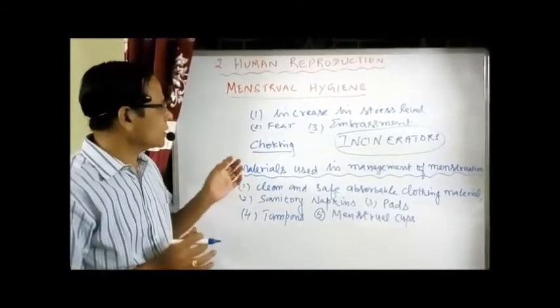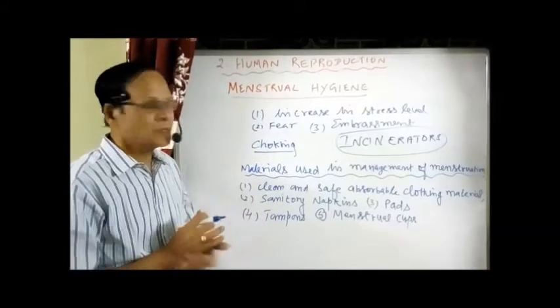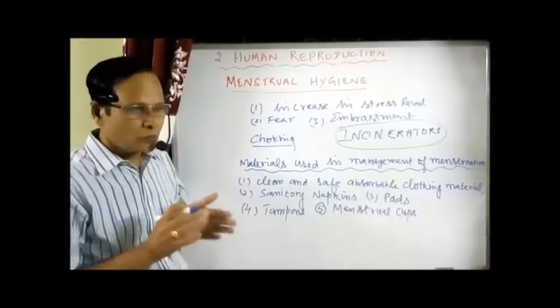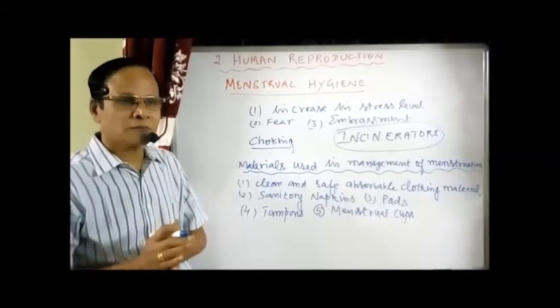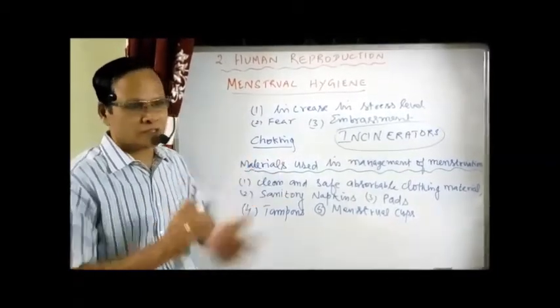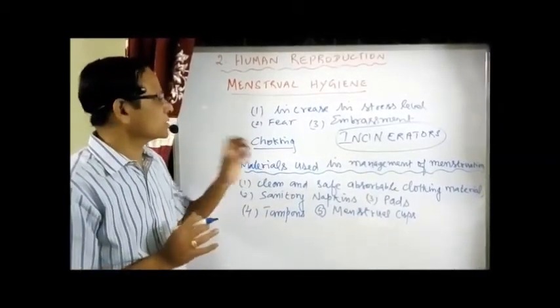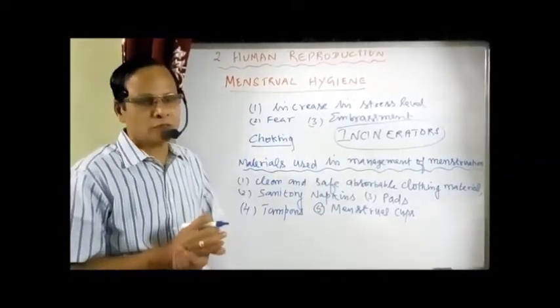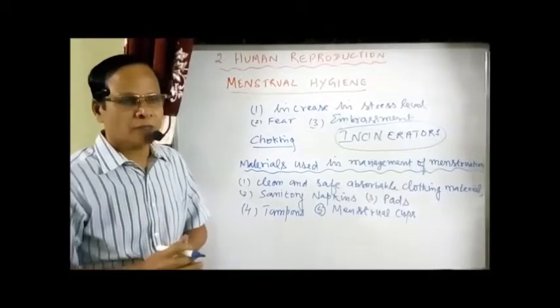So we have to remove menstrual waste by means of incinerators. They do the process of incineration, which is nothing but burning into ashes. This is one of the methods adopted for removing menstrual waste in an eco-friendly way.